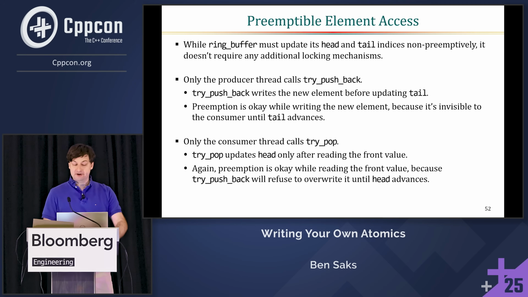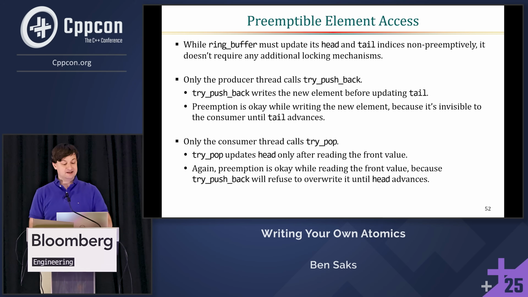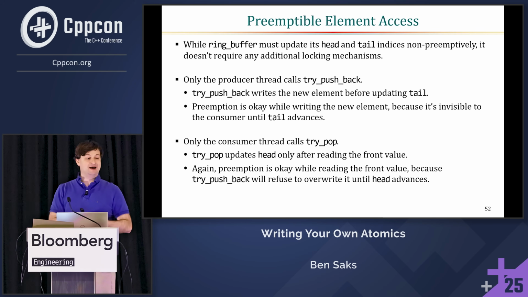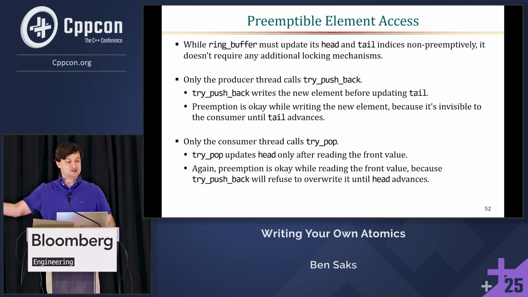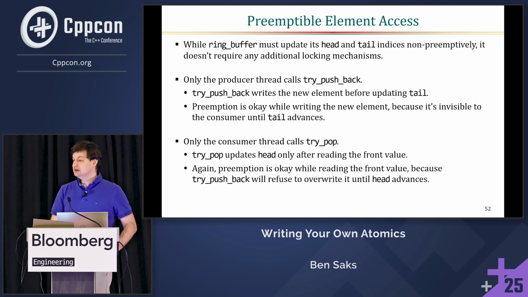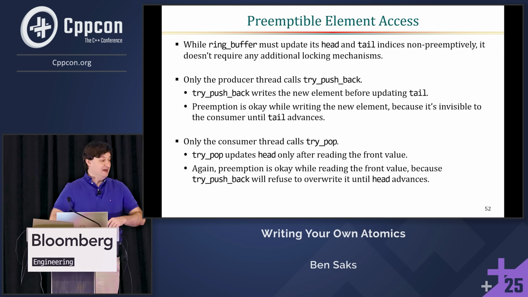If it's preempted in the middle of writing that new element value, that's okay, because until the tail index advances, the consumer thread doesn't see any sign that anything has started being written to that new location. It's effectively invisible until the tail index advances forward. And that's done all in one atomic operation.